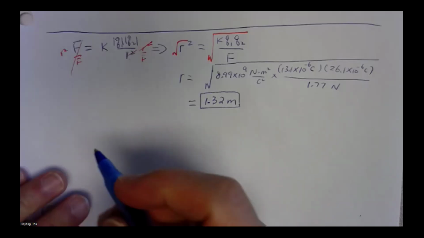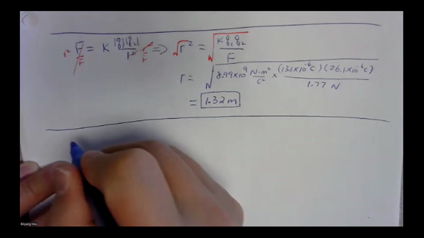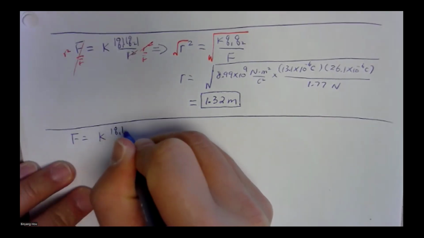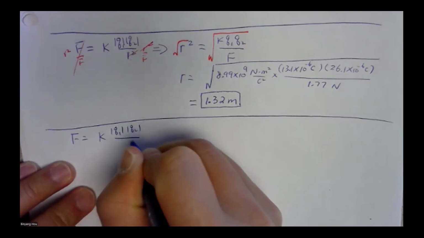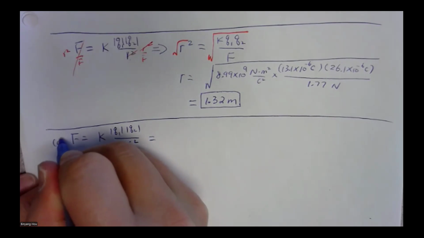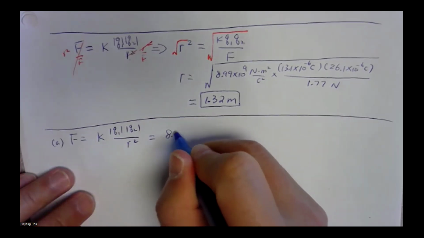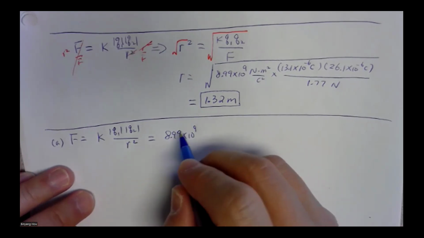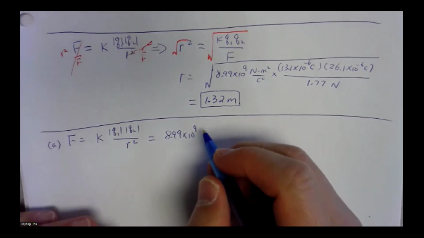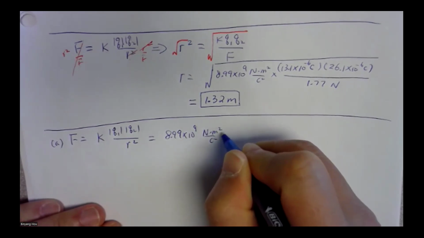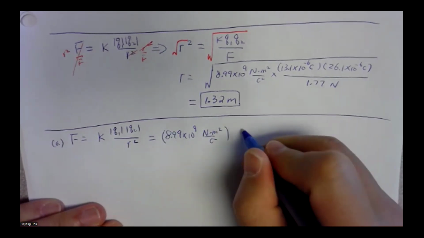Here again we are using Coulomb's law, F equals K, for the magnitude, this equation over R squared. So plug in numbers. Let's say this is part A. 8.99 times 10 to the 9th, it's like 9 times 10 to the 9th, so you can memorize this constant.